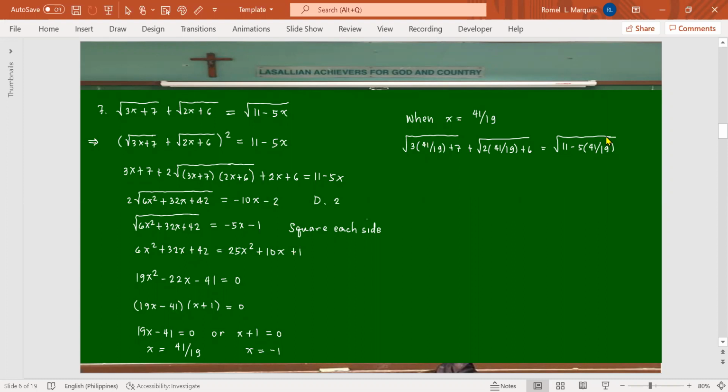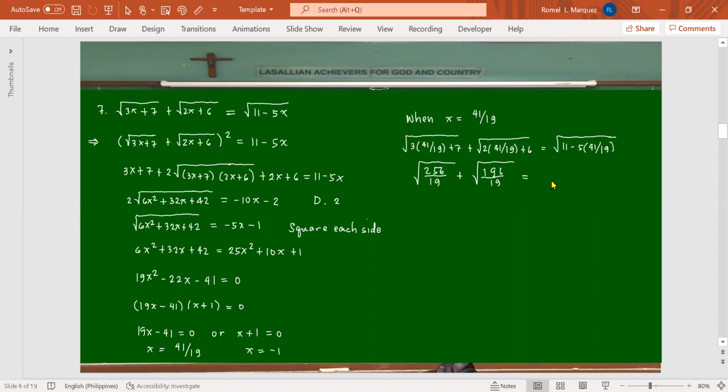3 times 41 divided by 19 plus 7. So that is square root of 256 over 19 plus square root of 2 times 41 divided by 19 plus 6, that is square root of 196 over 19.